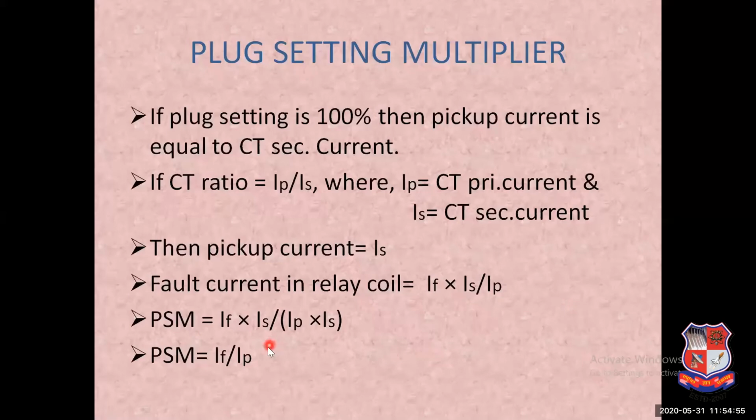So PSM is equal to IF into IS upon IP into IS, because we know that PSM is relay coil fault current, IF into IS by IP, divided by pickup current. Pickup current is equal to CT secondary current, IS. So we get PSM is equal to IF upon IP.